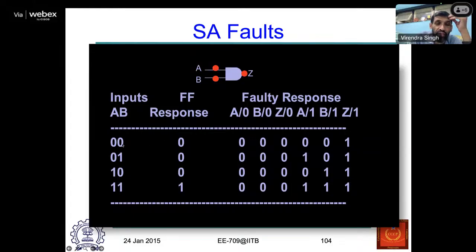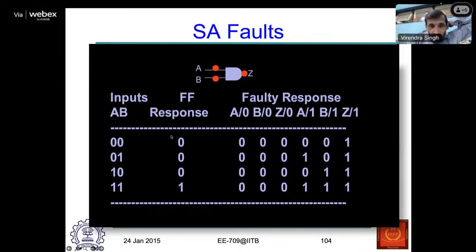Now if I apply 0 0 at the input, what output are we getting? 0, right? So the good response is 0, but with a stuck at 0 fault at A, I also get 0. With stuck at 0 at B, I also get 0. With stuck at 0 at Z, also 0. With stuck at 1 at A, also 0, and stuck at 1 at B, also 0. But if Z is stuck at 1, I get the output as 1.